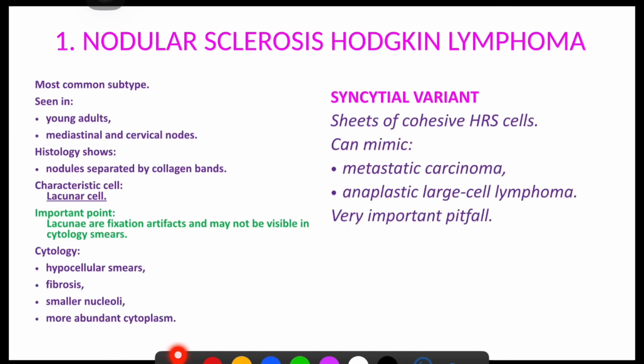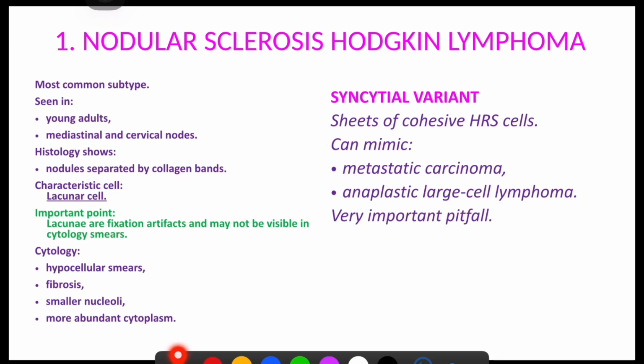Now, let's see different subtypes of Hodgkin's lymphoma in detail. So first, the most common type is nodular sclerosis. As the name suggests, this pattern will show collagen band and most common in young adult, and mediastinal and cervical lymph nodes are commonly involved.